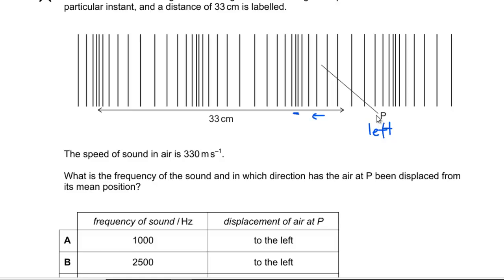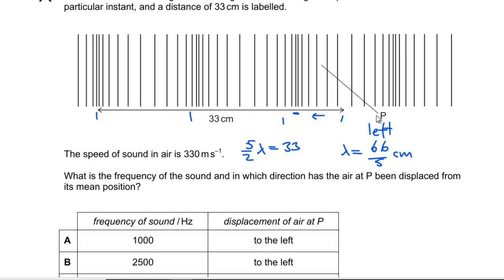Now we want this speed of sound. So what is our wavelength? They've given us 2.5 wavelengths there. So 5 over 2 wavelengths is going to be 33 centimetres. So a wavelength is going to be 66 over 5 centimetres.